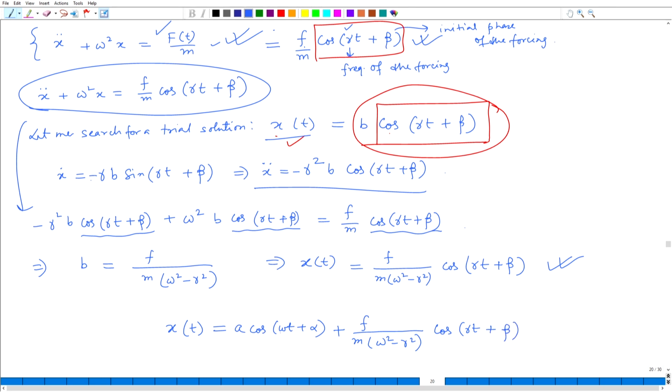Now, you see this omega, which is the frequency of the oscillator without any force, is known as the natural frequency of the oscillator.